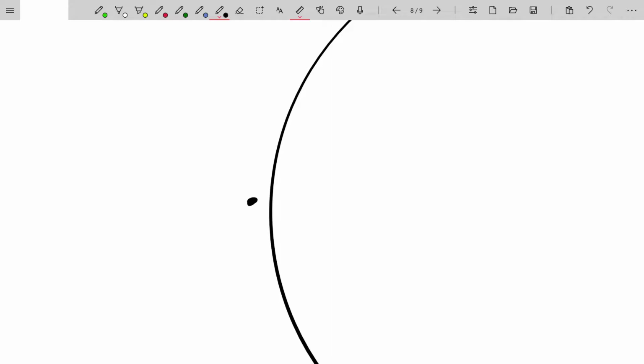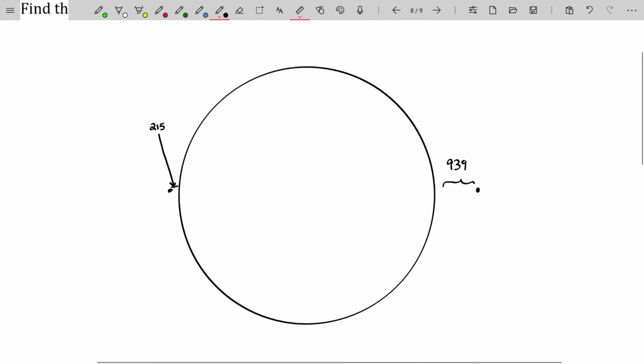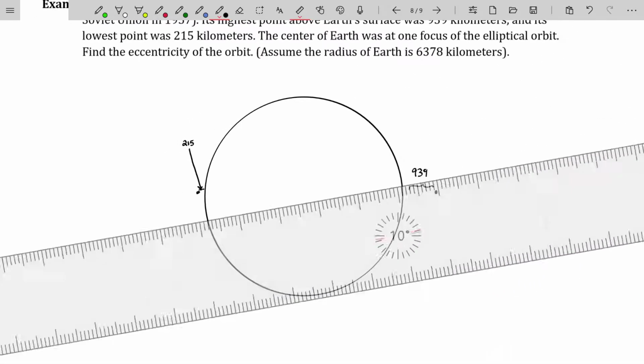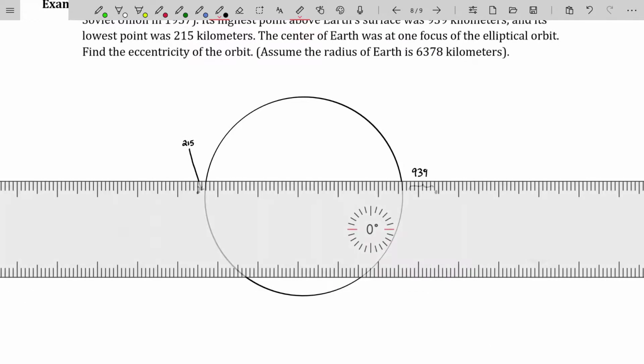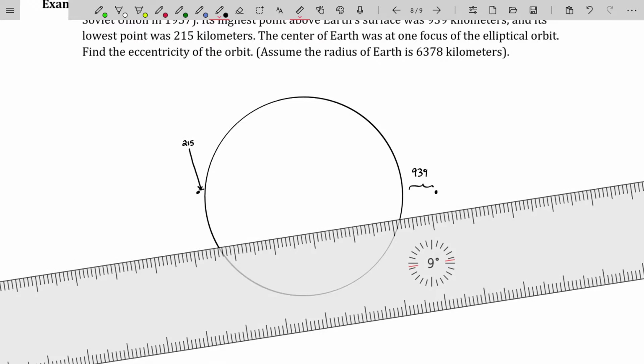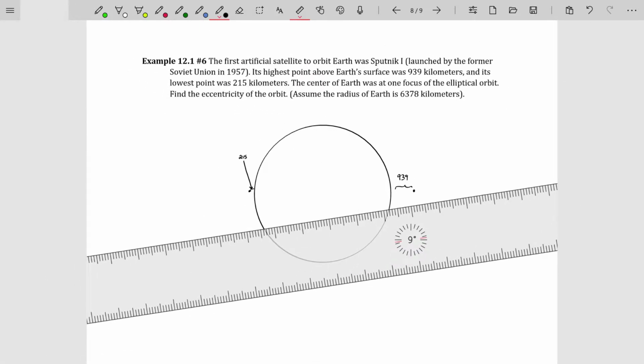So let me zoom in here. I'll point an arrow at that distance and say that's 215. Those should be on equal and opposite sides, and actually they kind of are. So that worked out nicely. All right, the center of the Earth was at one focus of the elliptical orbit.